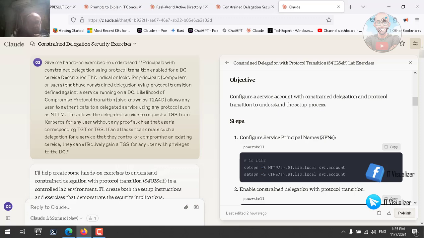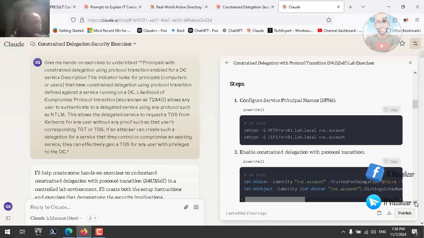We will register it with an HTTP on DC. So this is on DC1. We have a file share service on the DC and an HTTP service on the DC. We register this service account to these two services.